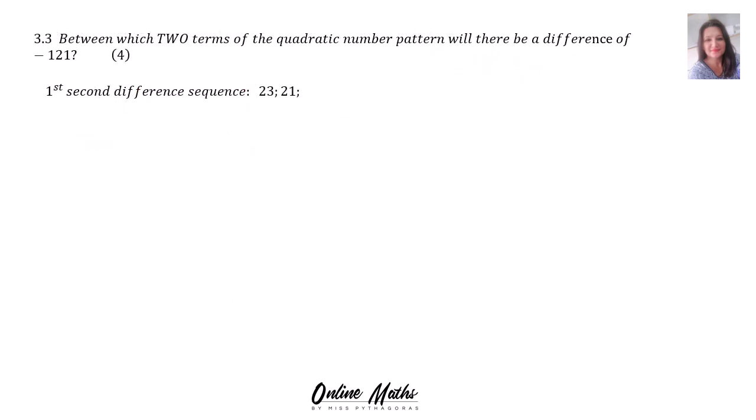On question 3.3, between which two terms of the quadratic number pattern will there be a difference of -121? Can you remember in the first sum, we worked out that our second difference sequence was, your first D2, was 23, 21, and we even calculated the 19 there.